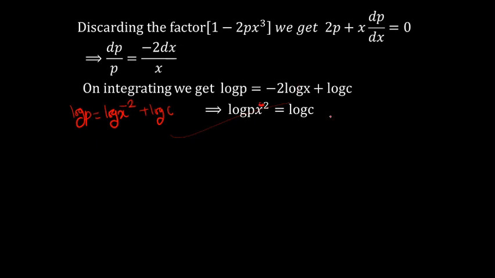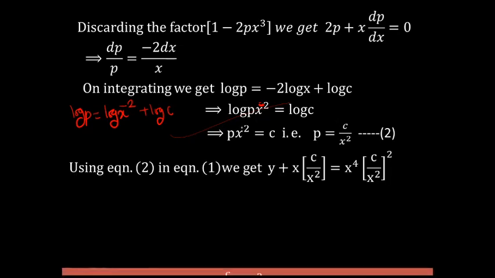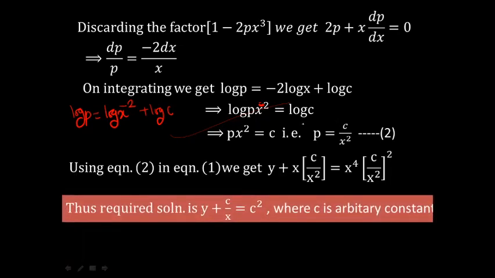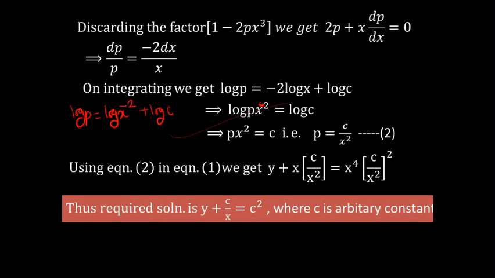Okay, now taking antilog, we will get the solution of the form, so here it should be minus 2.